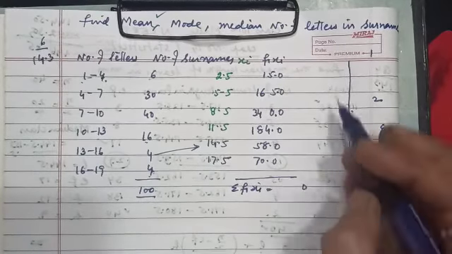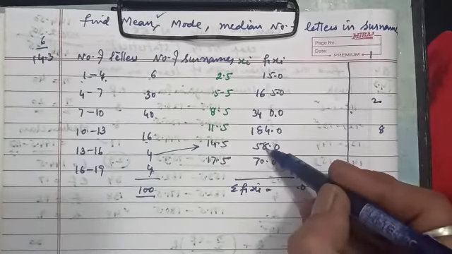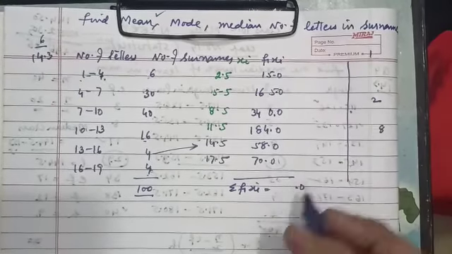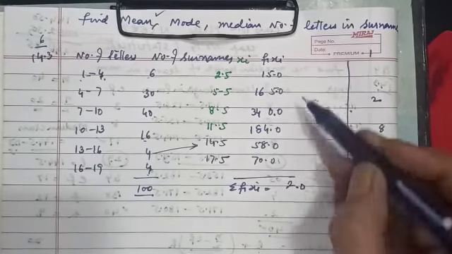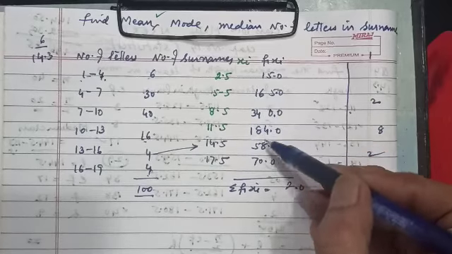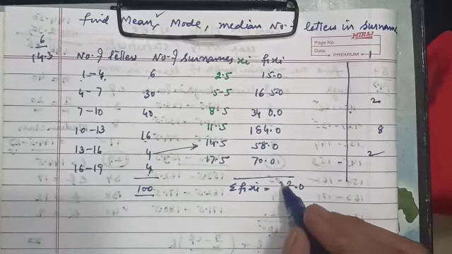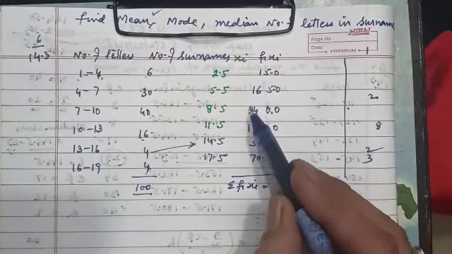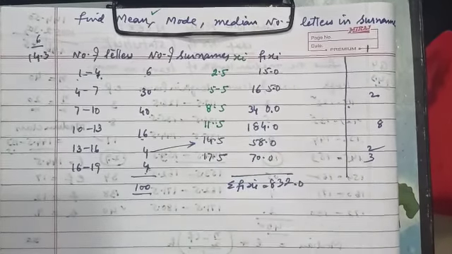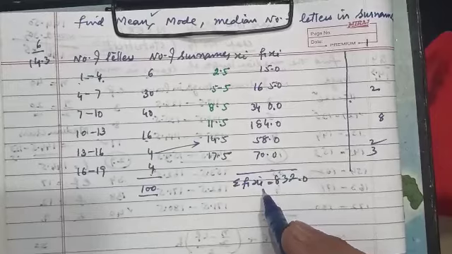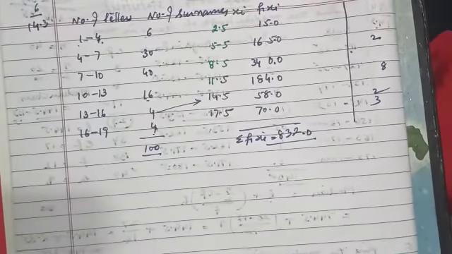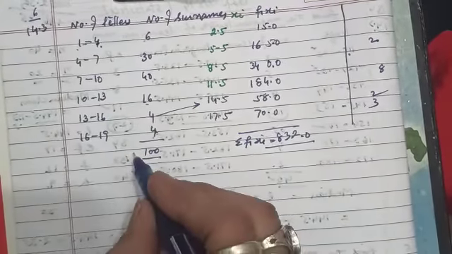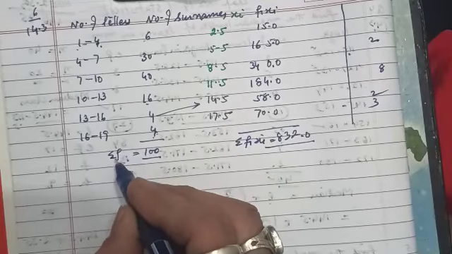It is 0. So fi xi comes out to be 832. So we have this one as sigma fi.